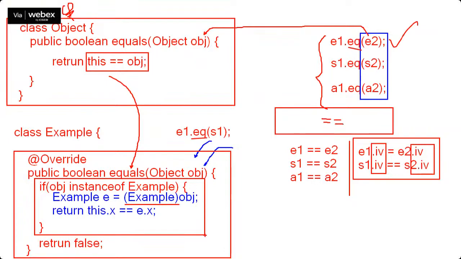Continuation of this, I have to teach you a project: the equals and hashCode method combination, contract, and working with a collection with equals and hashCode methods. Tomorrow and day after tomorrow, no workshop, holiday.